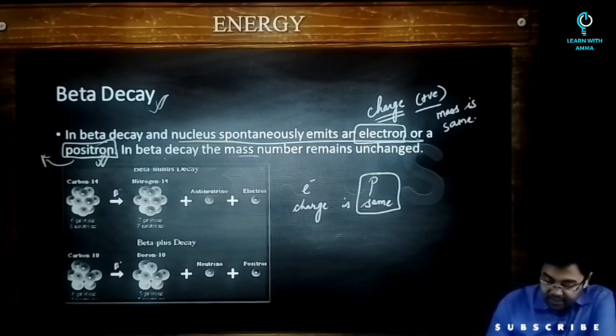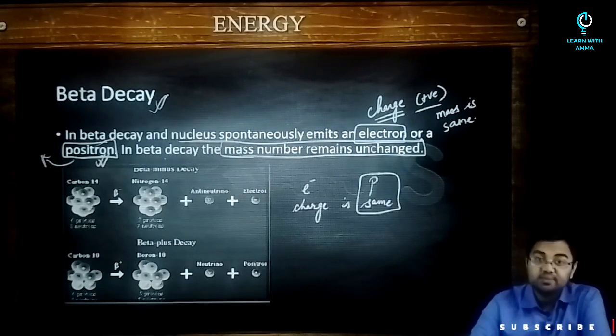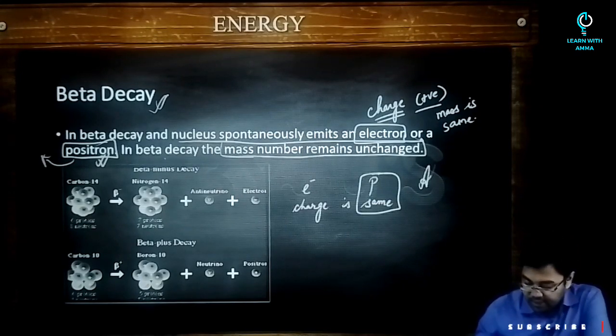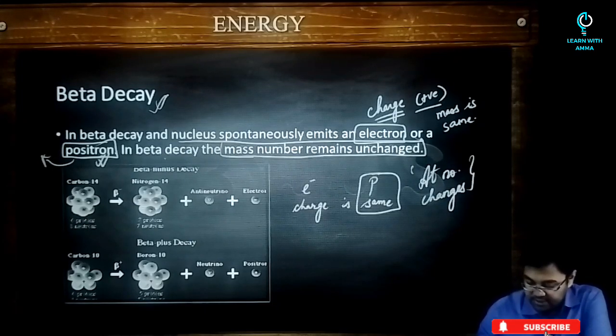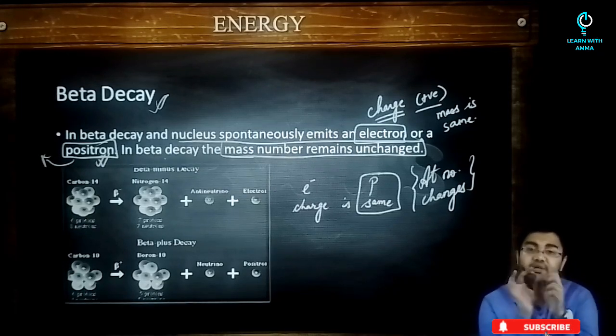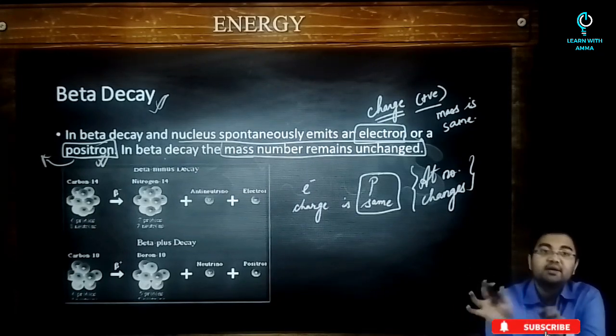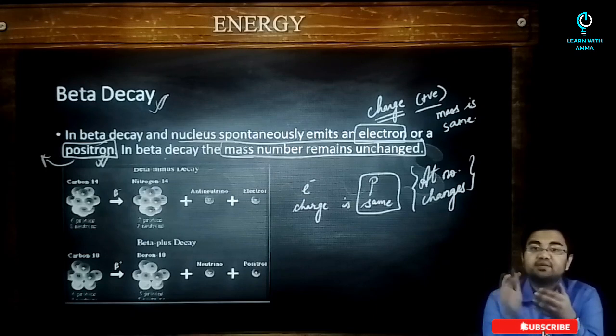And in beta decay the mass number remains unchanged, but the atomic number changes. So if you get a question: in which of the following types of decay is there a difference in mass number?